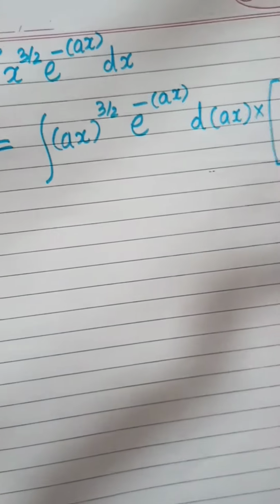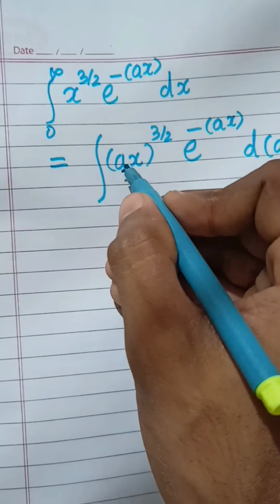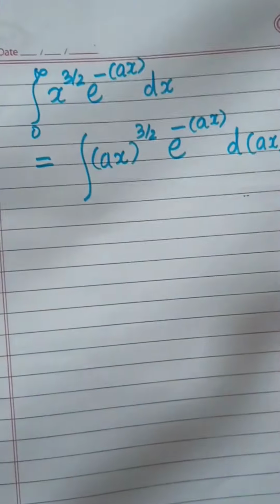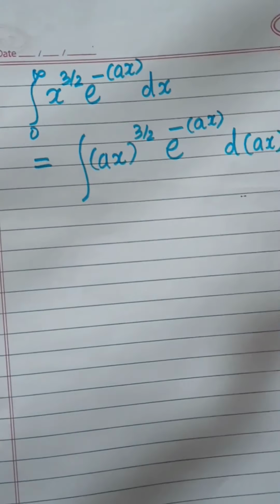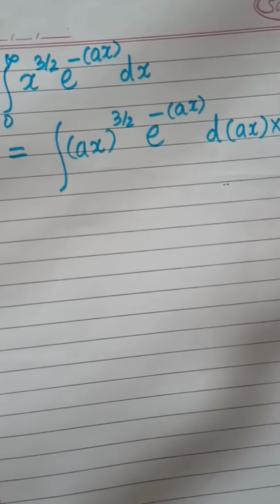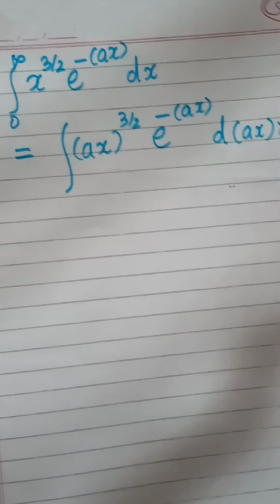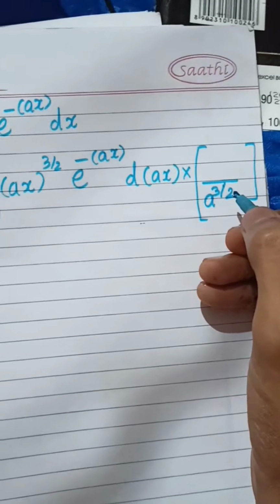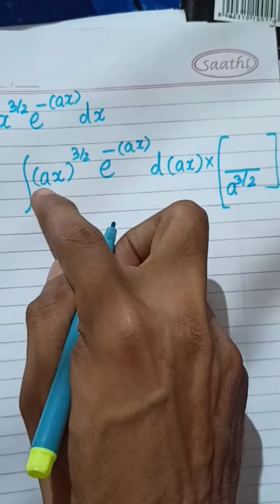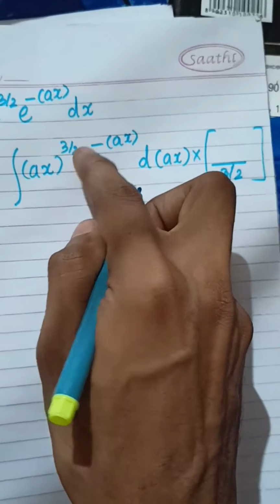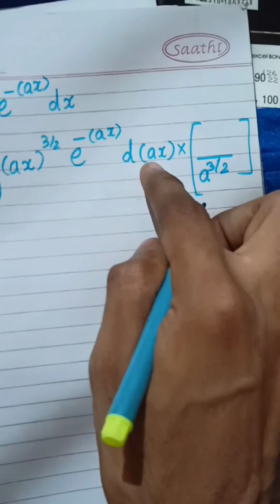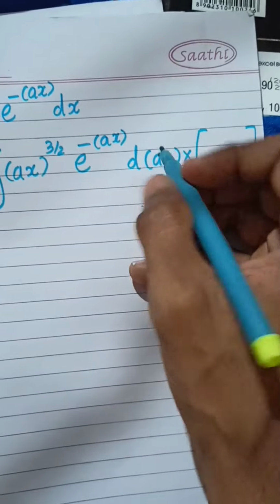What is the factor here? We add a to the power 3 by 2 in the numerator, so we have a to the power 3 by 2 in the denominator due to this a to the power 3 by 2 in the numerator, and also we have an a in the numerator.